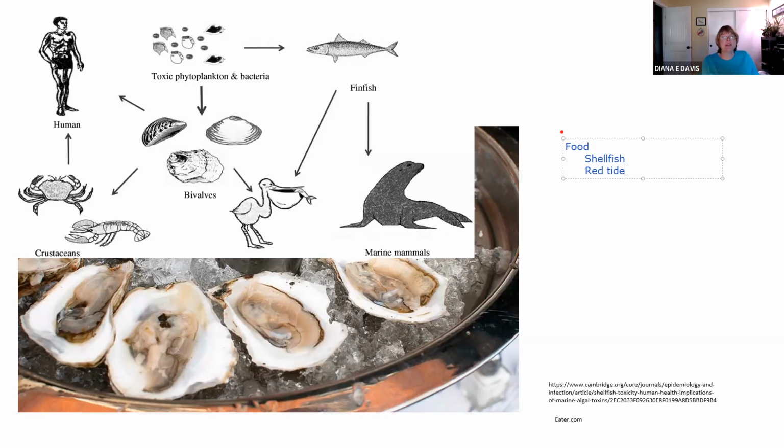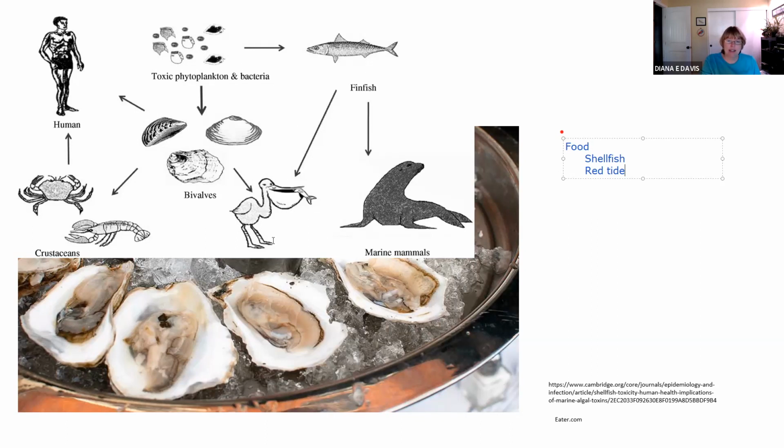We also see this as a problem in the food chain in the marine situation, in saltwater areas, where your bivalves take up the phytoplankton and bacteria, but then those get eaten by fish, or fish eat the phytoplankton.